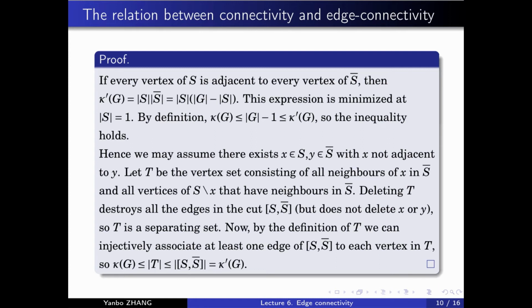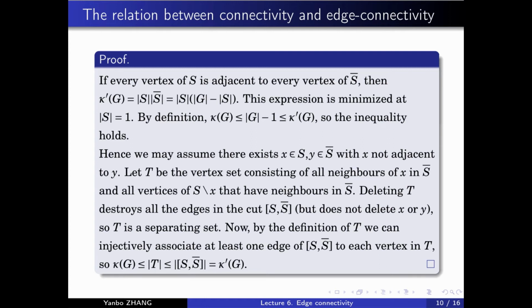By definition, kappa G is less than or equal to the minimum degree, which is less than or equal to |G| minus 1. In this special case, we have proved |G| minus 1 is less than or equal to kappa prime G. So the inequality holds.